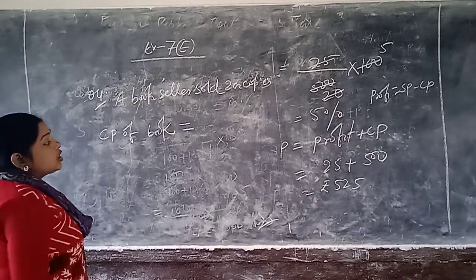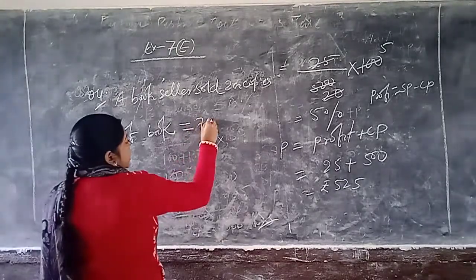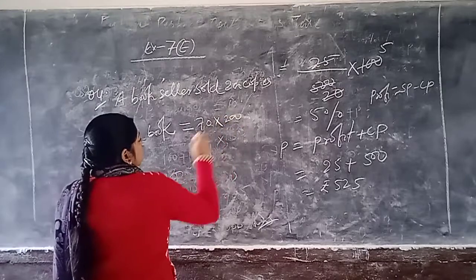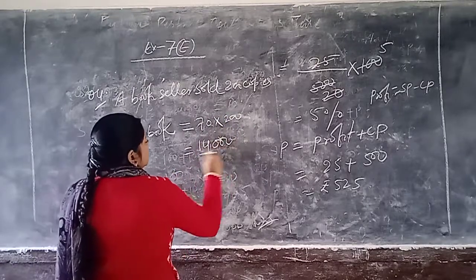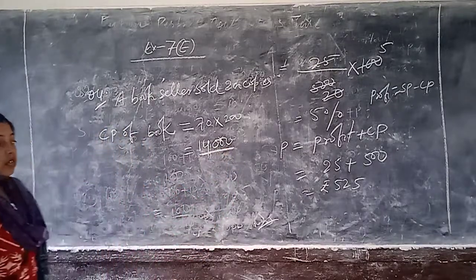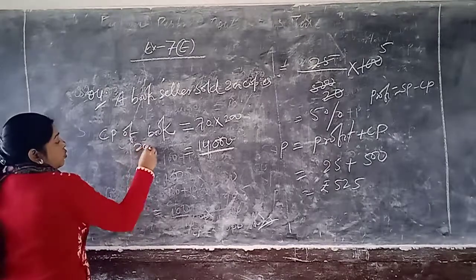What is the total cost price? 14,000. 14,000 is the cost price of 200 books.